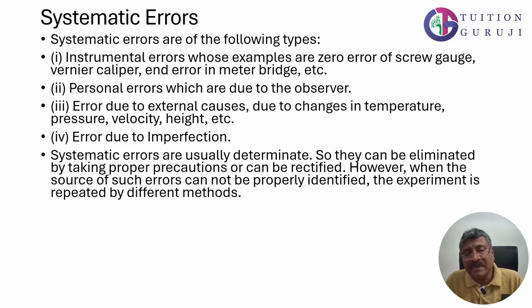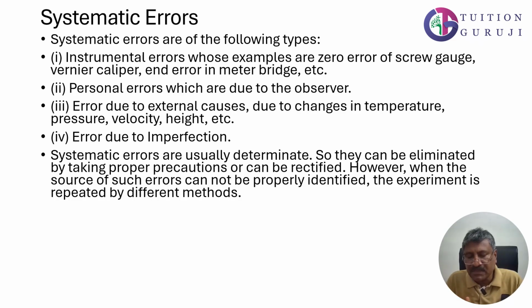Or there can be personal errors, which are due to the observer. For example, parallax error. What is parallax? When you observe a scale, you have to observe the reading from the top of the needle, not from the sides. If you look from the sides, you will get another reading.